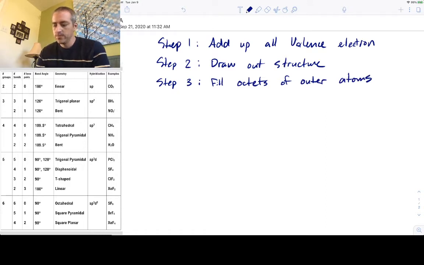And once you've finished that, you check to see if you used all your electrons that you counted in step 1. If you have any additional electrons left over, we go to step 4, which is put them on the central atom.